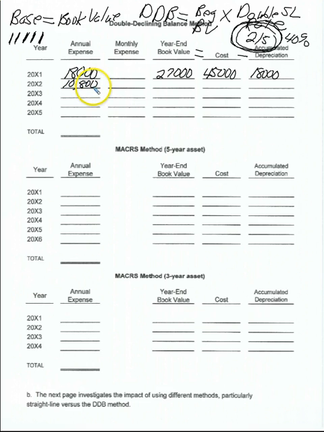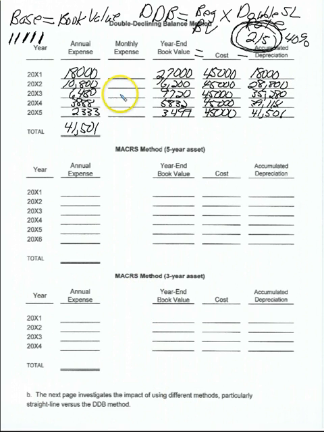Then we debit depreciation expense, credit accumulated depreciation. That will increase our accumulated depreciation to 28,800. Okay, I'm going to pause and let you finish all of this out.